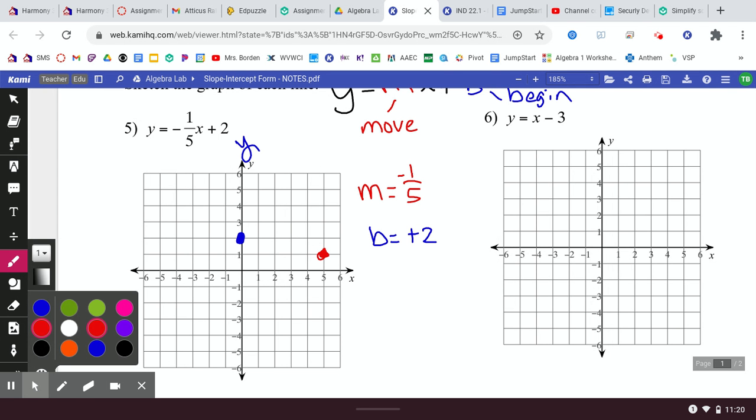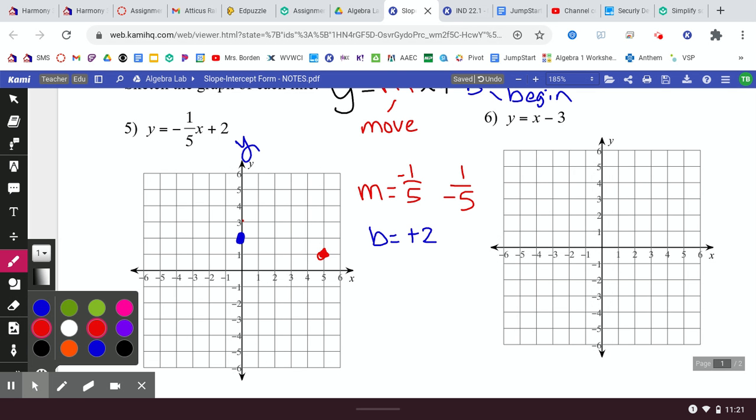Now, I want to ask you guys something. Is 1 over negative 5 the same as negative 1 over 5? Does it matter if the negative's in the top or the bottom? As long as it's not in both, right? If it was negative over negative, that would change it to a positive. But if the negative is still only in one spot, now my 1 is positive, so I would rise 1.